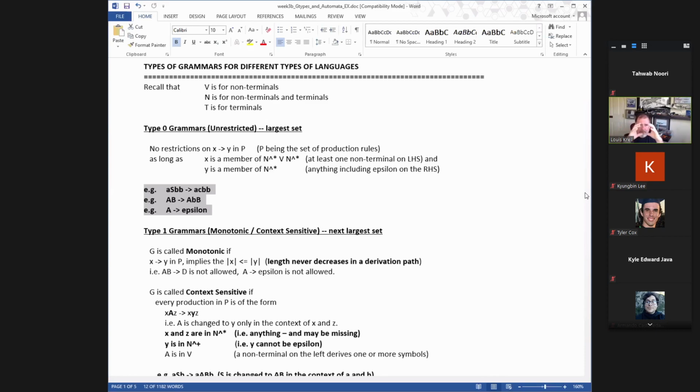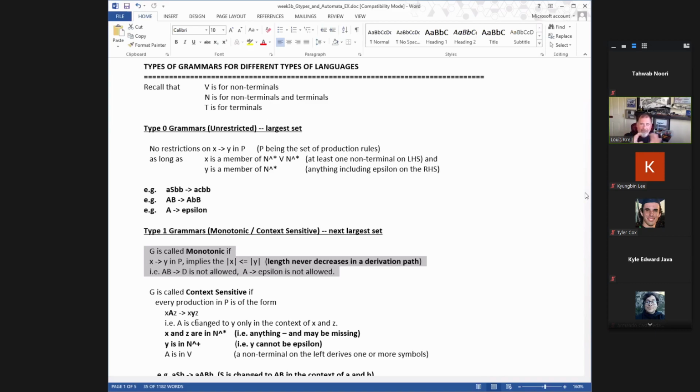And next, we're going to move inside of that largest set, and we're going to have type 1, which we call context sensitive, as well as monotonic. So a grammar is considered monotonic if the size on the left of the production rule is less than or equal to what's on the right-hand side of the production rule.